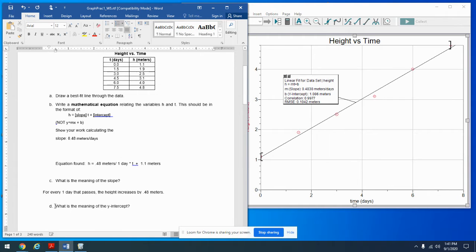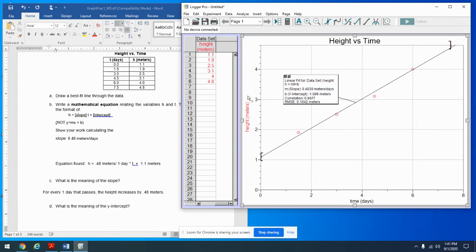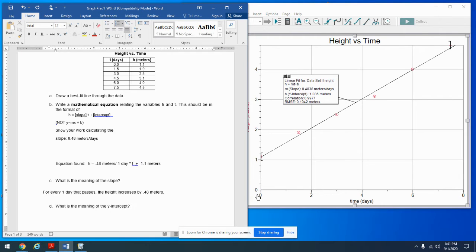All right. What is the meaning of the y-intercept? Well, if you look at the graph, the y-intercept is how much of this you have when there's 0 of this. In this case, that would be how much height you have when the time is 0. Or in other words, it's the starting height. At time 0, when 0 days have gone by, the height is 1.1.